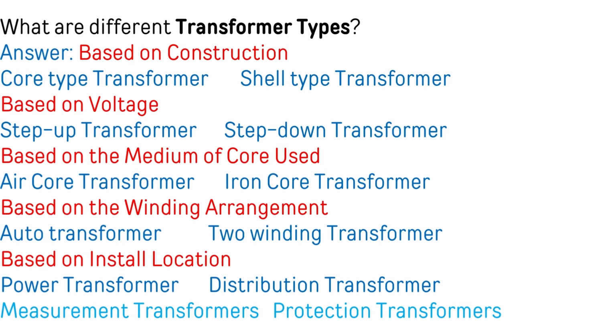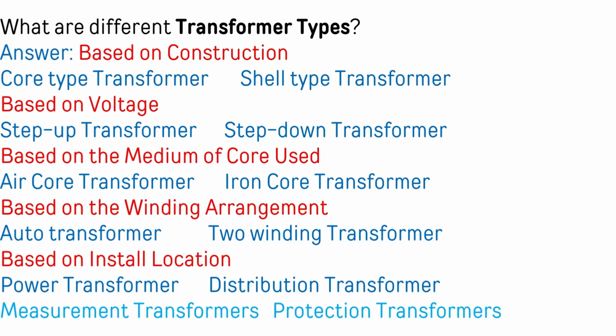What are the different transformer types? Based on the construction, there are mainly two types: core type and shell type. There is one more type, the berry type transformer. Based on voltage, step up transformer and step down transformer. Based on the medium of core used, air core transformer and iron core transformer.